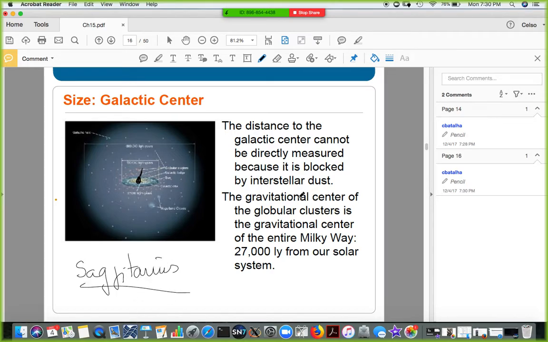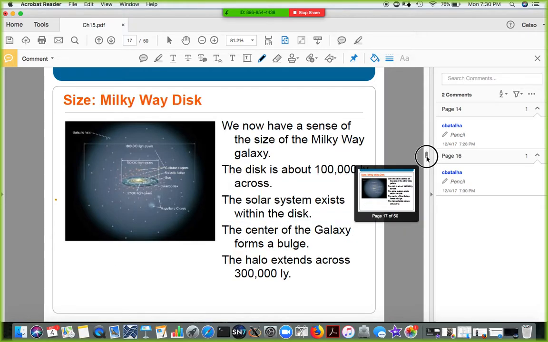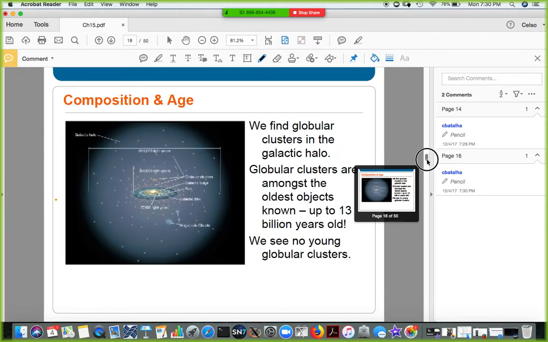Since these globular clusters, comprised of hundreds of thousands of stars, are all going around that region in the sky, he claimed that region as the center of the Milky Way galaxy. Towards that region in Sagittarius, he claimed the center of the galaxy is somewhere in there. And later on, it was found that he was completely right.